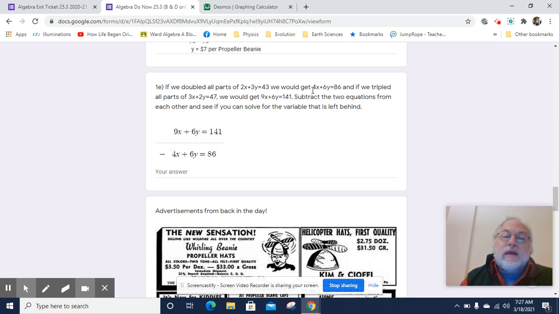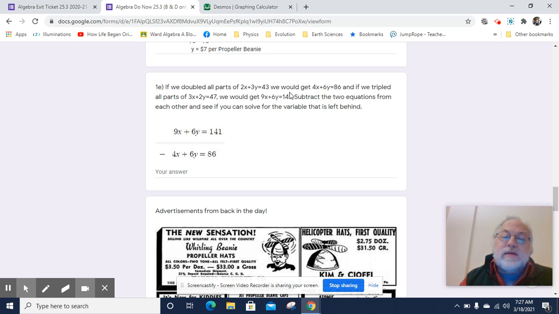So we double it, I get 4x instead of 2x, 6y instead of 3y, and 86 instead of 43. And then if I triple the other equation, I get 9x plus 6y equals 141. So now I've got 9x plus 6y equals 141, and 4x plus 6y equals 86.